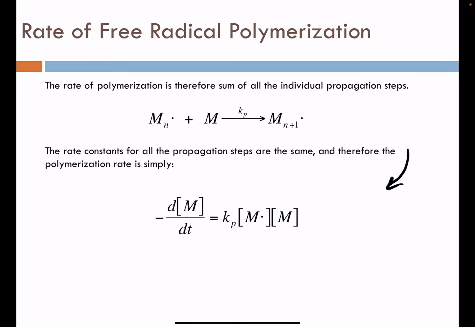And so here we're going to see the rate of change of monomer neutral as a function of time. So dM by dt, change in monomer concentration as a function of time. Of course, that's decreasing with time. We're losing monomer with time, so I see the negative sign there. It is going to go with that rate constant multiplied by the concentration of the radicals and the concentration of neutral monomer.